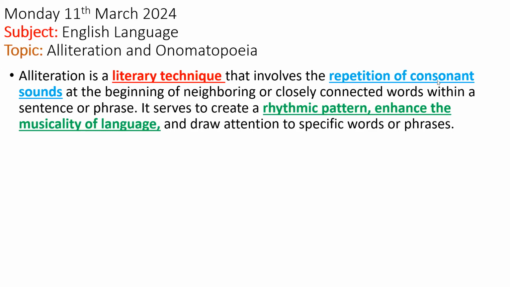Very good. So that's what alliteration is, repetition of sounds in our writing. Gilbriana, can you read the definition for alliteration? Alliteration is a literary technique that involves the repetition of a consonant sound at the beginning of neighboring or closely connected words within a sentence or phrase.